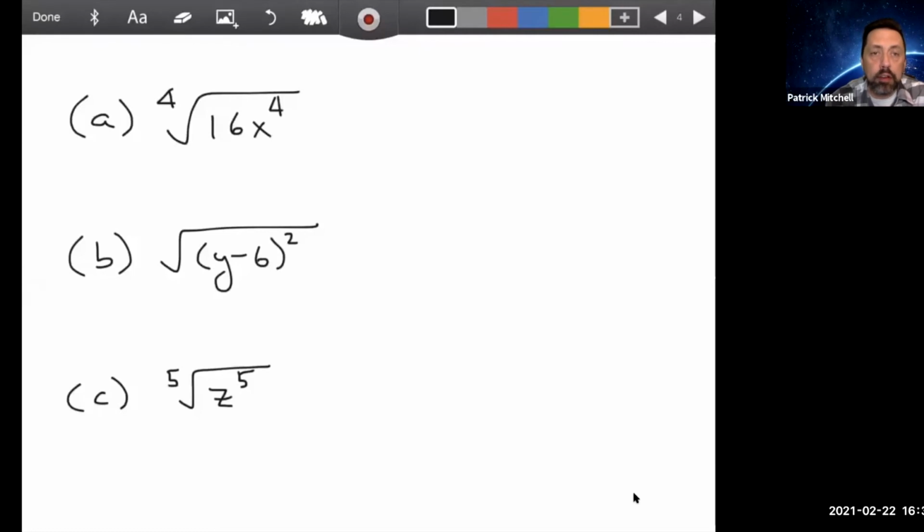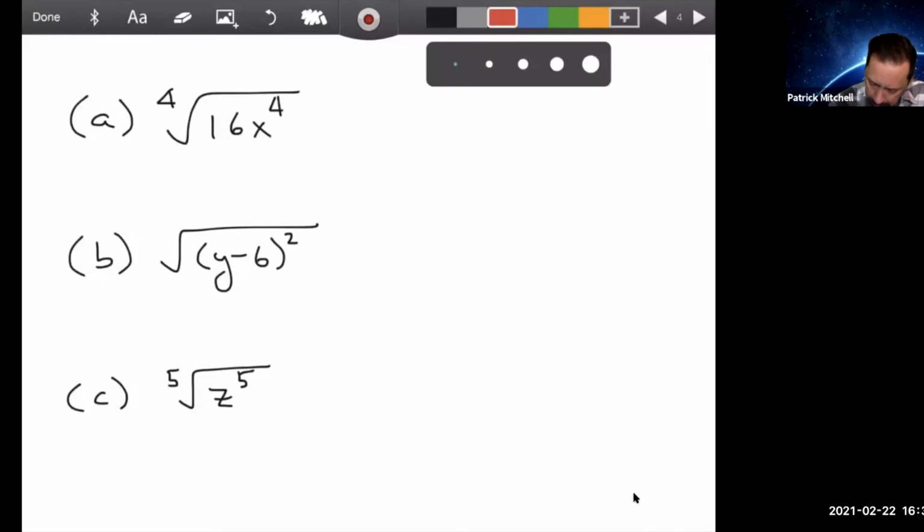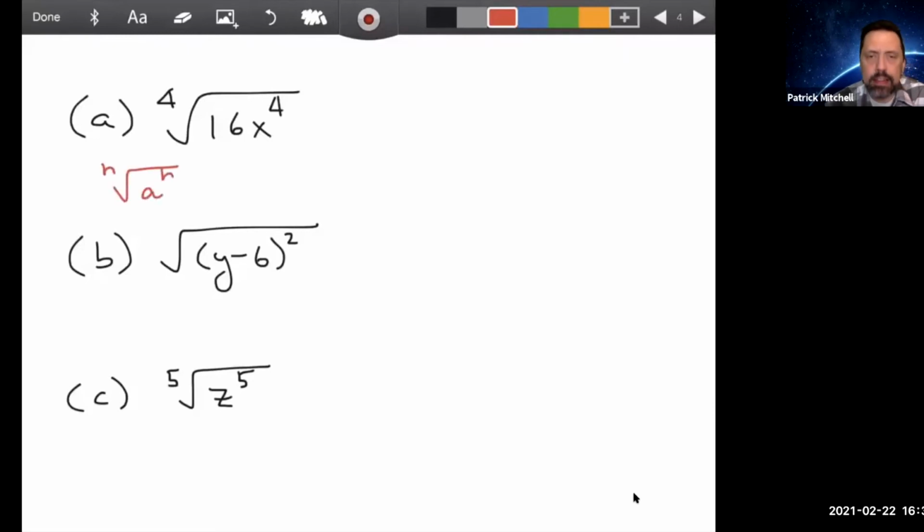So notice in this first example, the index is even. So there's just one thing that I want to do before I write down the answer for this. I want to make sure that this is written in the form nth root of a to the n. In this problem, the only thing that's being raised to the power 4 is just the x. So I'm going to rewrite this as the 4th root of some whole thing to the power 4.